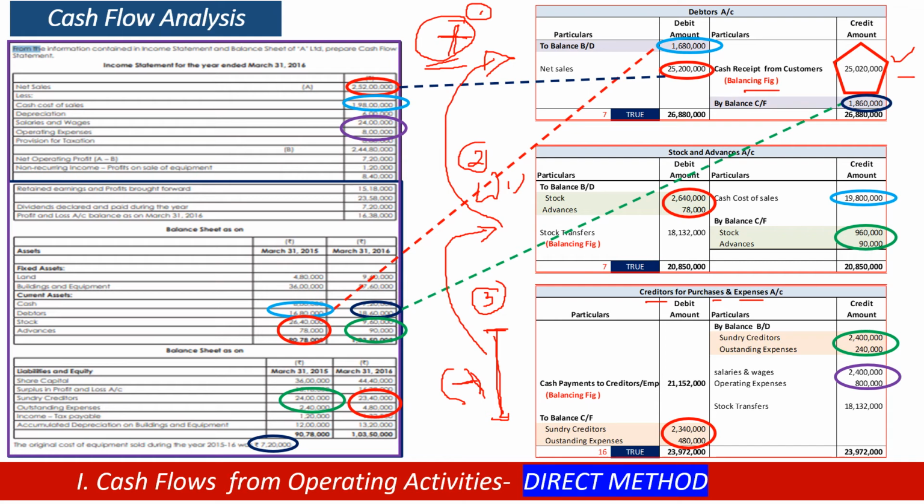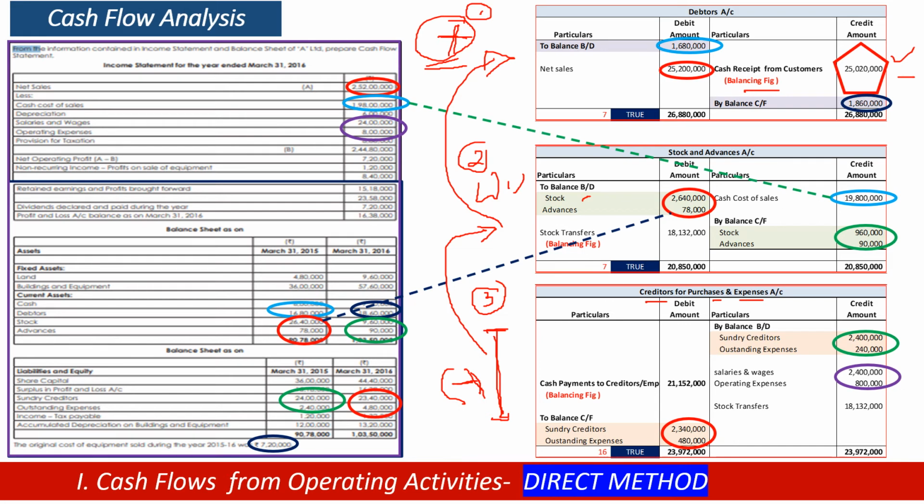Okay, let's go further. What it says, stocks and advances at the warehouse. What was the opening balance at the warehouse? We had a stock of 26 lakh 40,000, advances of 78,000, and whatever we sold here at 252 lakhs, we transferred it from the warehouse at cost of sales.